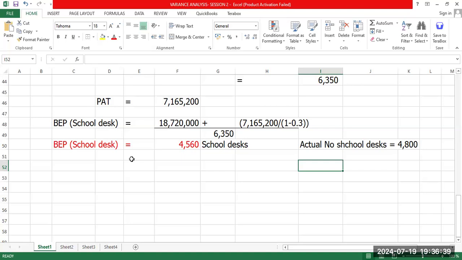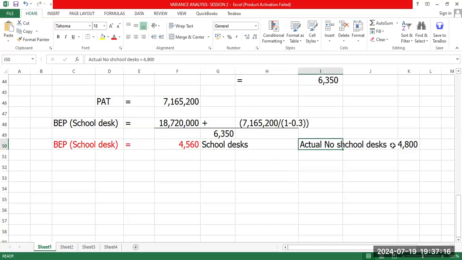You know that if you produce this as your school desks, you'll be in a position to recover your initial investment. Then any other school desk you sell above this, you will be earning profits.